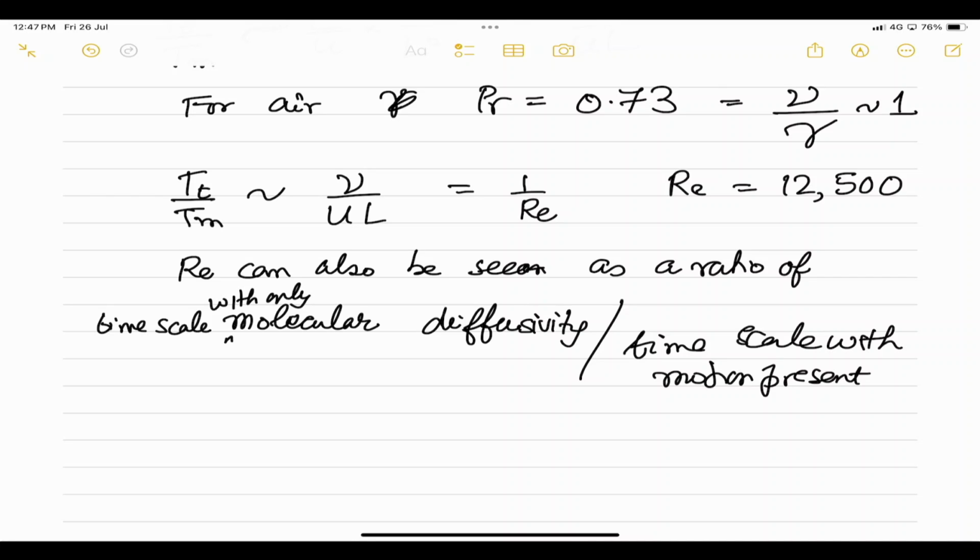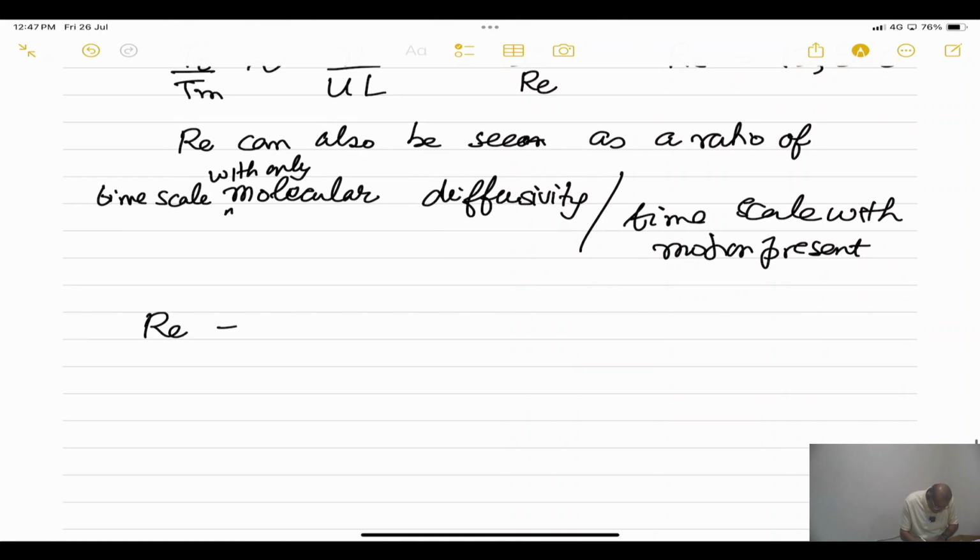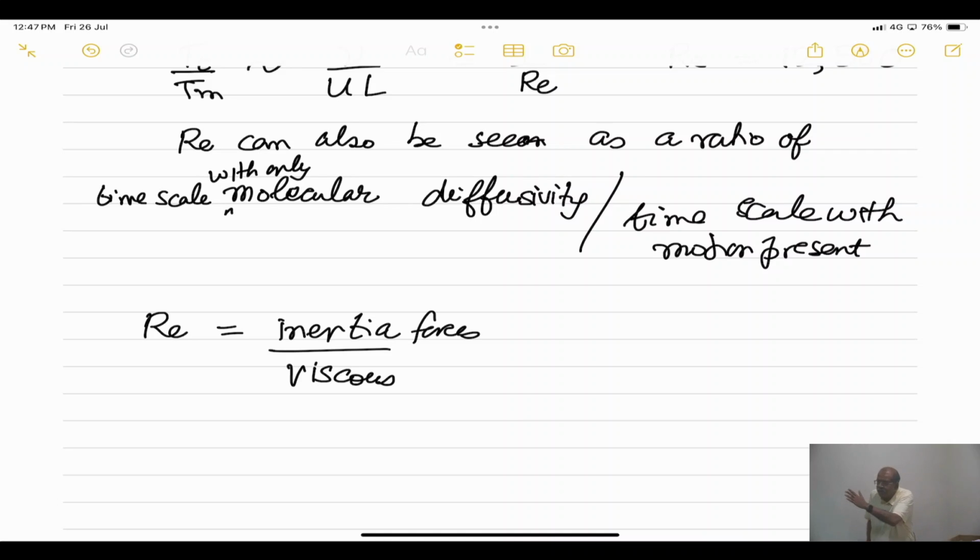So here what we have said is that Reynolds number can also be seen as a ratio of these two time scales. This is what we typically say Reynolds number is, a ratio of inertia to viscous forces.